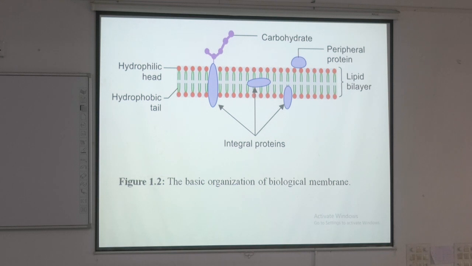So which type of lipids are present? Compound lipids are present, and extrinsic carbohydrate molecules are present. Peripheral proteins means the protein which is attached to the lipid layer extrinsically. And these are integral proteins. So this is the general concept of the cell membrane.